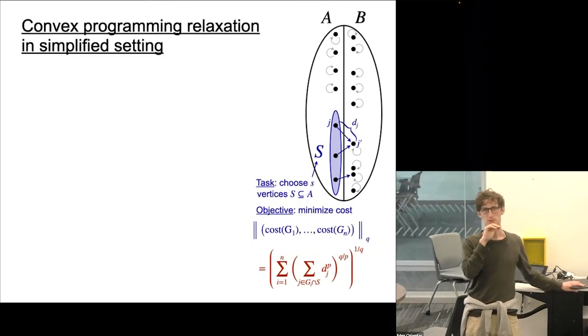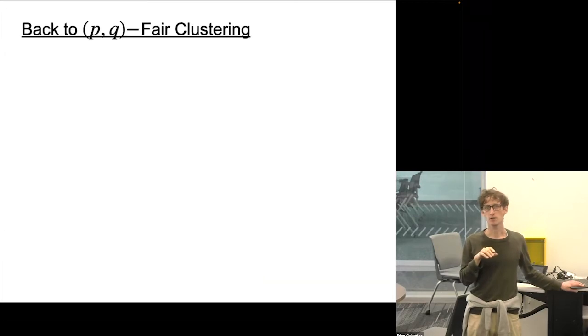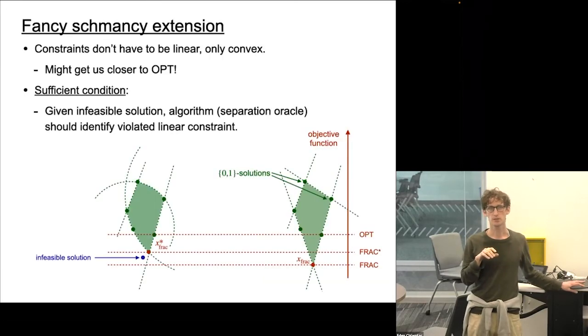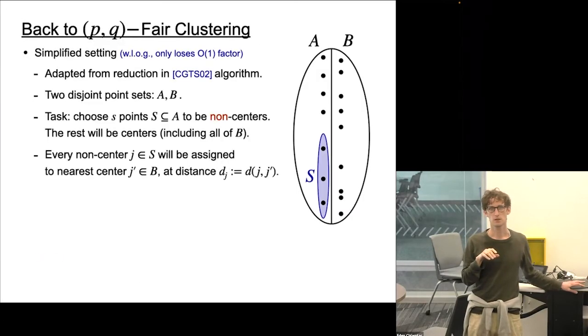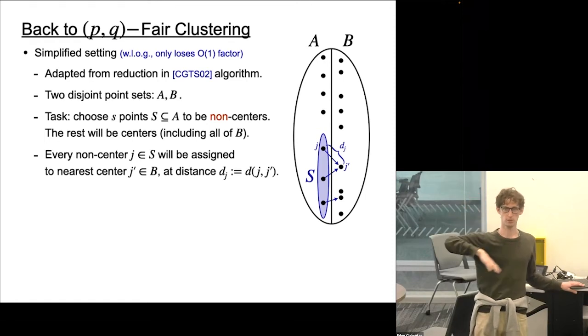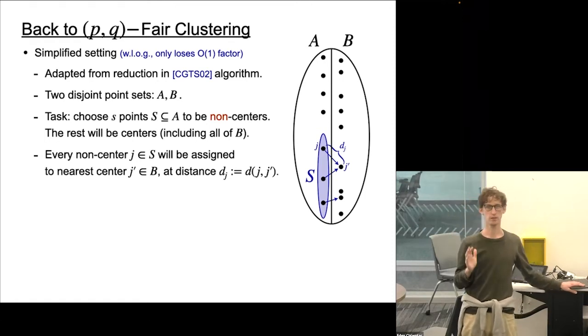Don't worry about the formulas too much. Your non-centers are going to be assigned to the nearest point in B, to the ones that you pick, not their nearest neighbors within the whole input, but only in B.